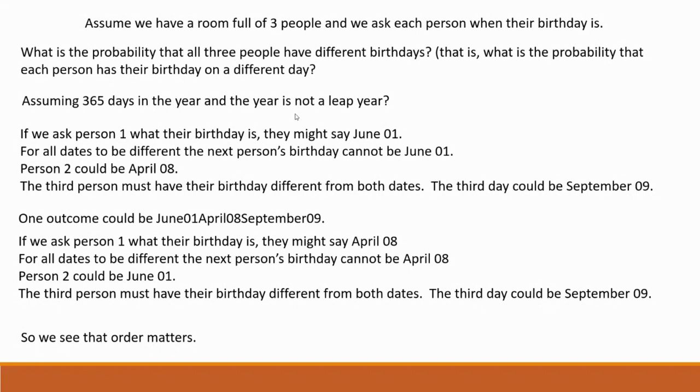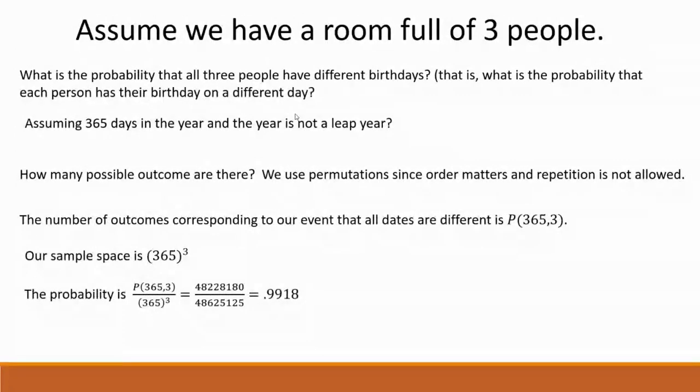Okay? All right. So anyway, since order matters and repetition is not allowed, you could probably guess that we're going to have to deal with a permutation. In other words, we want to know how many outcomes correspond to the event that the 3 people have different birthdays.